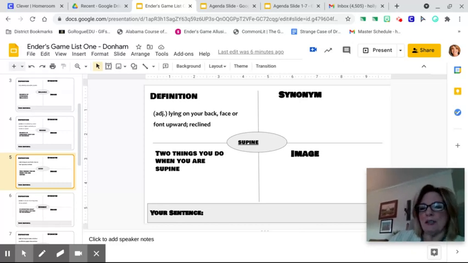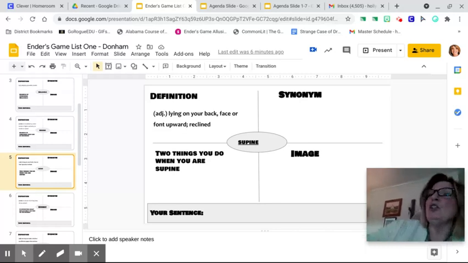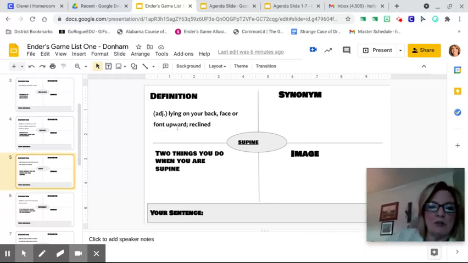It's a position of the body, and it means lying on your back. A supine float in swimming is a back float. So you are floating on your back or lying on your back with your face up. And this time in the 3rd quadrant, you're going to answer 2 things you do when you are supine. What are 2 things you do when you are lying on your back?